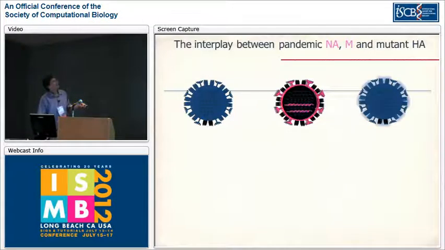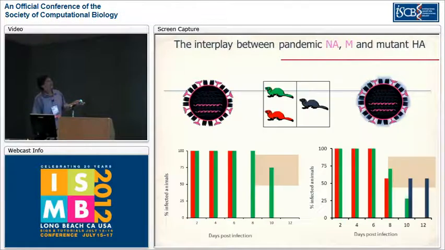Now, this is the coolest result of all, and it explores the interplay between the neuraminidase and the matrix protein, those that are exported from the other parent, and the hemagglutinin mutant. As I told you, the reassortant virus here can transmit by direct contact really greatly.